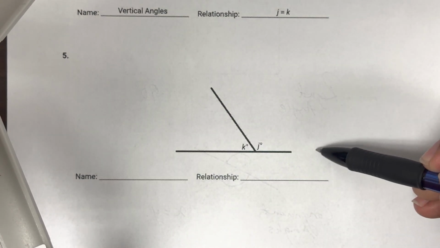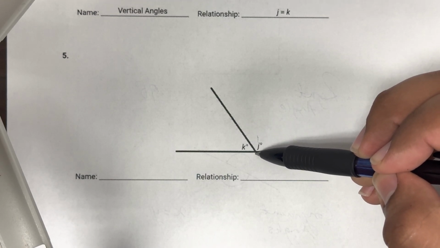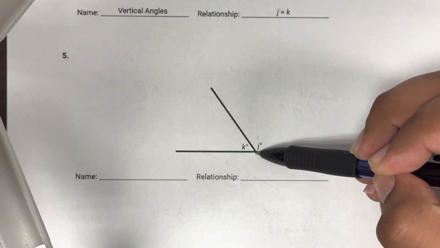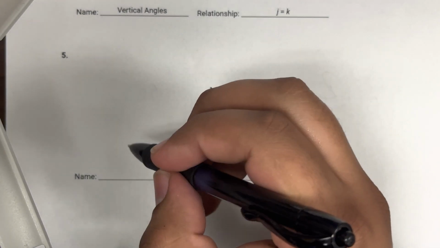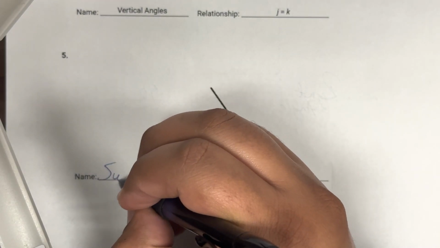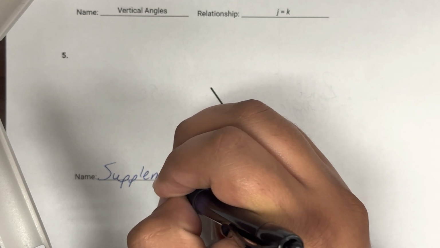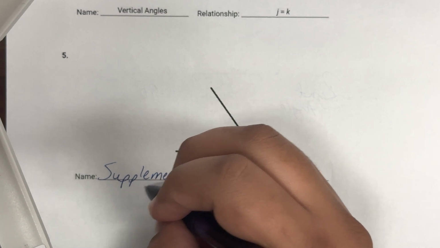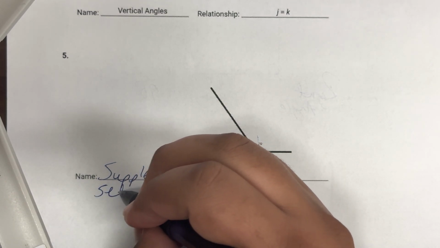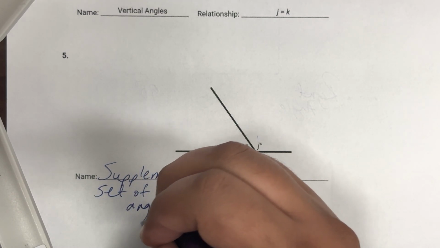Having my straight line being intersected with another line to create 2 angles is called a supplementary set of angles.